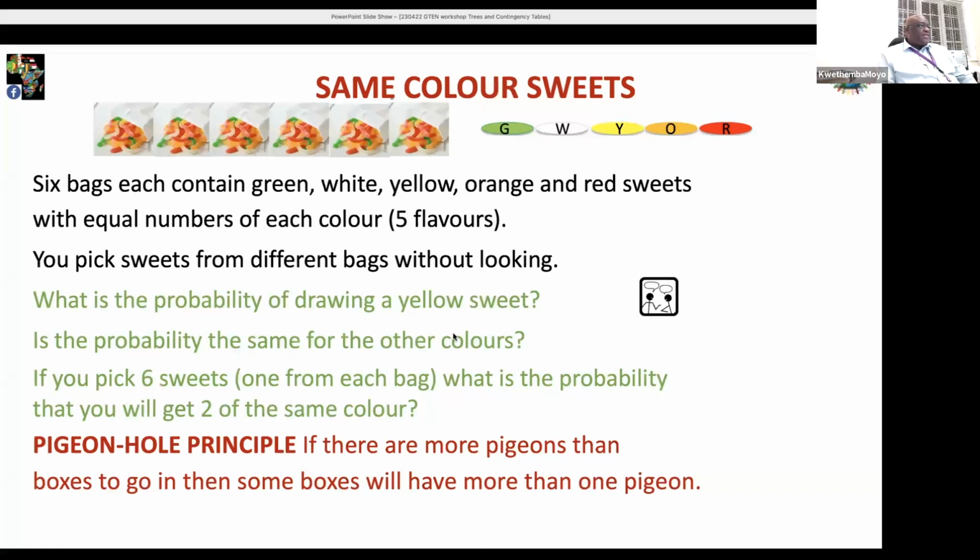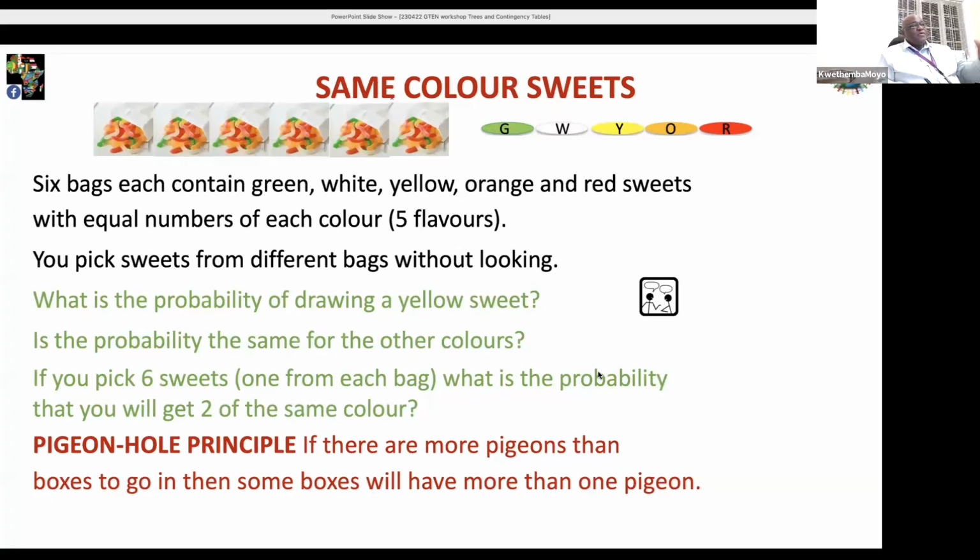When you pick sweets from different bags randomly, without looking, what is the probability of drawing a yellow sweet? Is the probability the same for the other colors? If you pick 6 sweets, 1 from each bag, what is the probability that you'll get 2 of the same color? Just reflect on those questions.